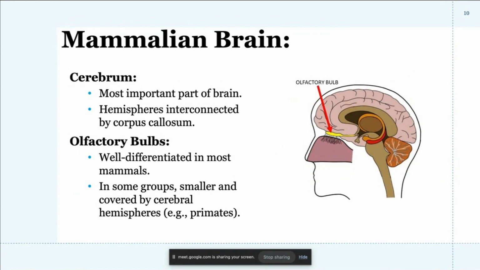The olfactory bulbs are well differentiated in most mammals, meaning that most mammals have a much better sense of smell, and we are able to breathe through our nose much better compared to the earlier animal groups. In some groups, the olfactory bulbs are smaller and covered by the cerebral hemispheres, for example in the primates.